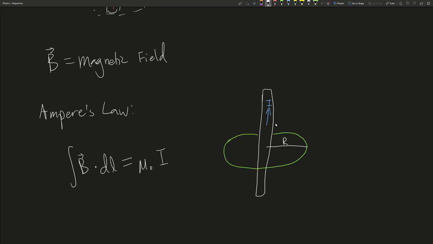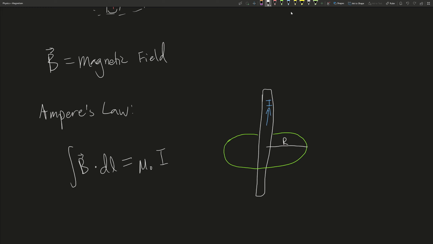Given that it's a circle, we know it's symmetric, and since the magnetic field is symmetric, we expect the magnitude of B to be the same at all points, which means that we can treat it as a constant.